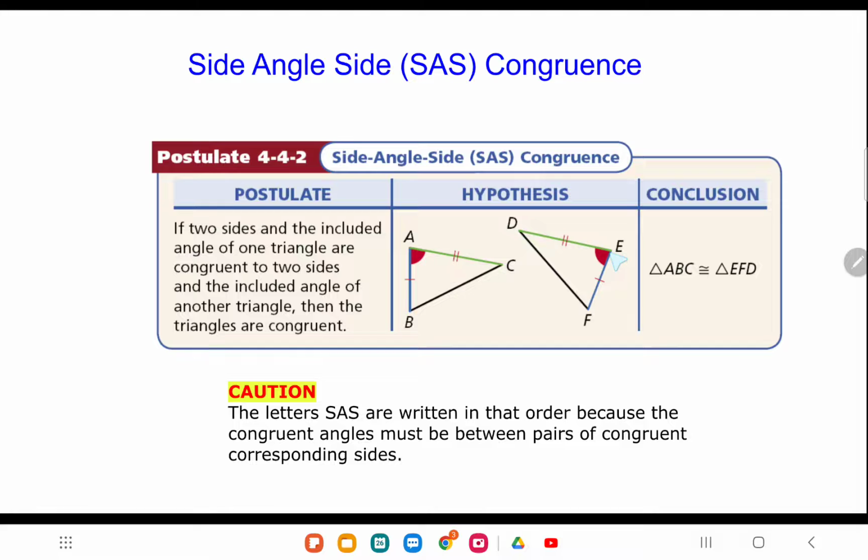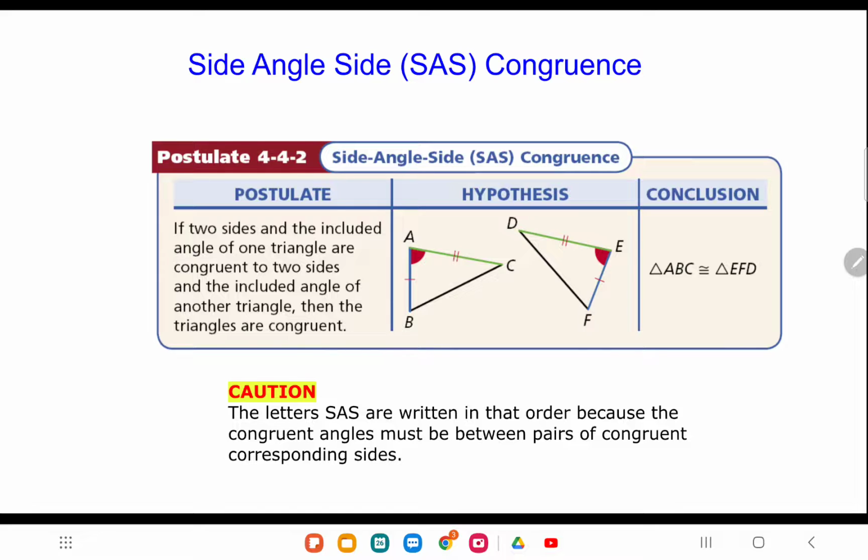E is included between sides ED and EF. Additionally, AB is congruent to EF and AC is congruent to DE. This gives us the SAS congruence statement. Triangle ABC is congruent to triangle EFD.